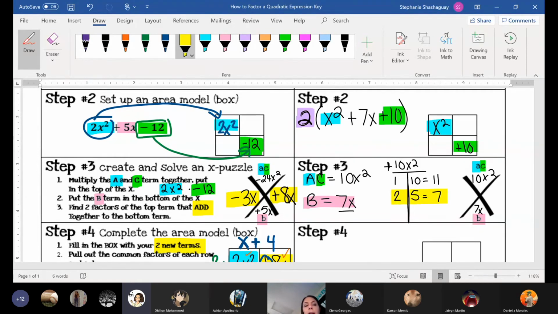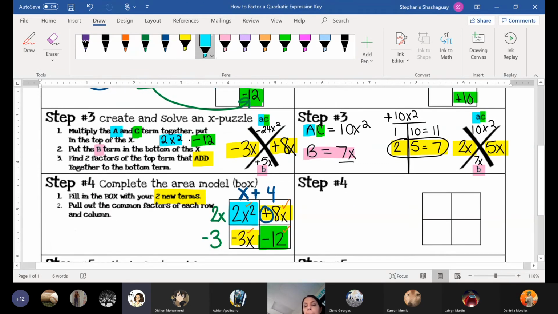So this looks like the correct pair. I'm going to fill in the sides of my x, 2x and 5x. And now I can take these two numbers and fill in the box in step 4. Okay, so the first two numbers that I filled in up above didn't change.